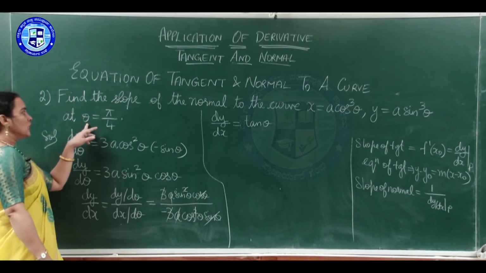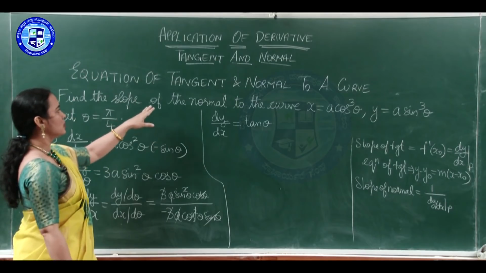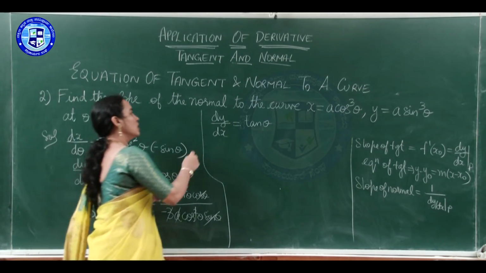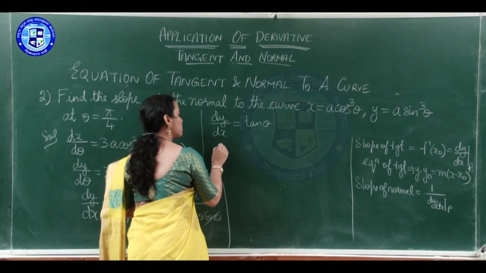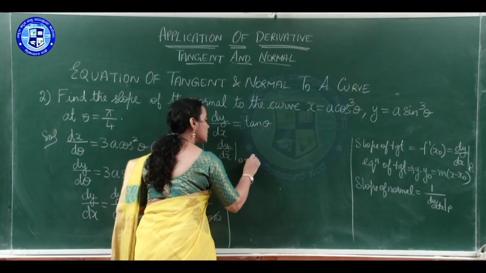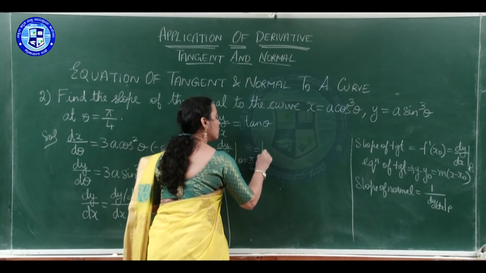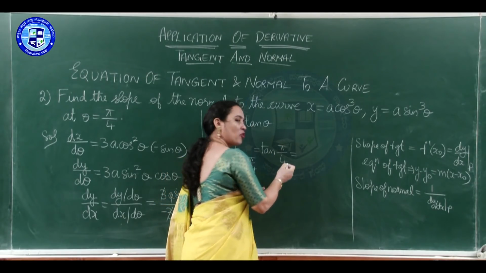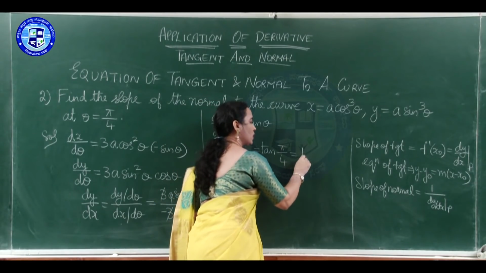Now, they have asked you to find the slope of normal at theta is equal to pi by 4. So, let us substitute theta as pi by 4. So, dy by dx at theta is equal to pi by 4 will be tan pi by 4. And what is tan 45? It is 1.